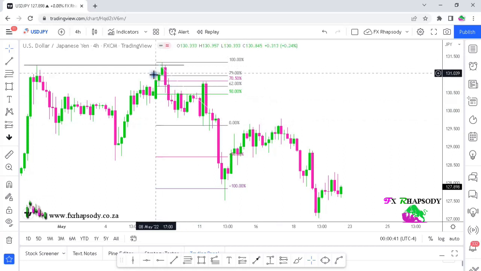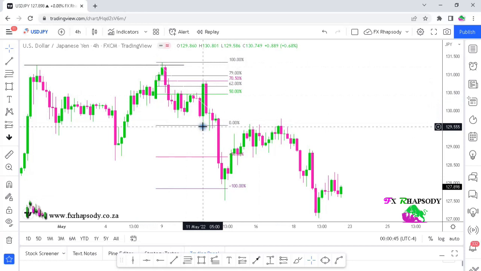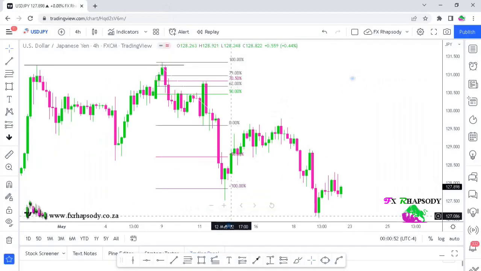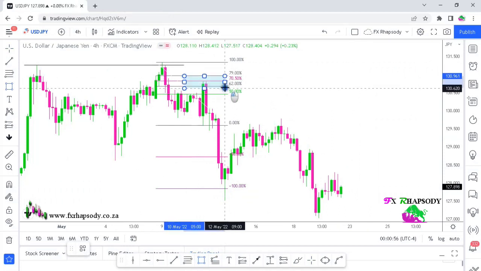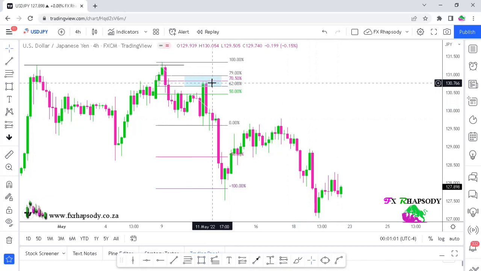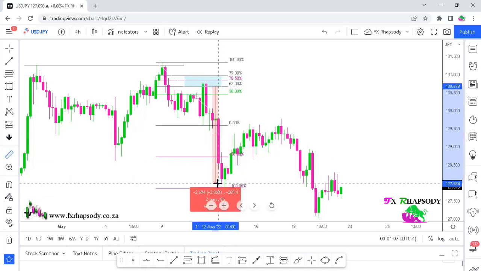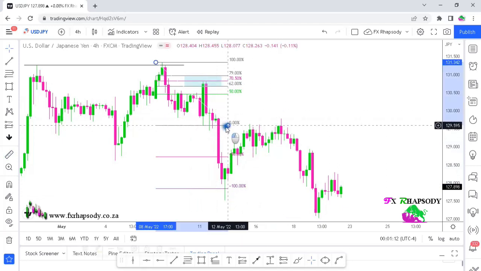Price goes up, forms a low, hits another low over here, and then pushes up again into that area between the 62 and the 79%. That's where you sell off, price selling off very nicely, moving down quite a lot of pips, almost 270 pips down. It's a nice sell opportunity.